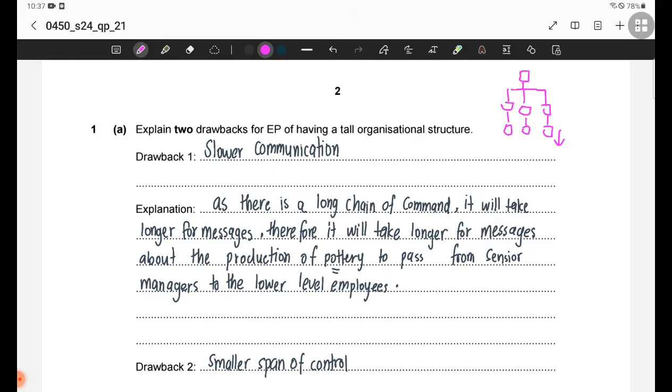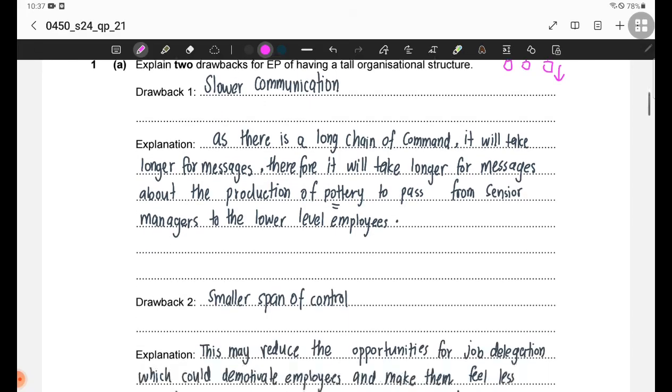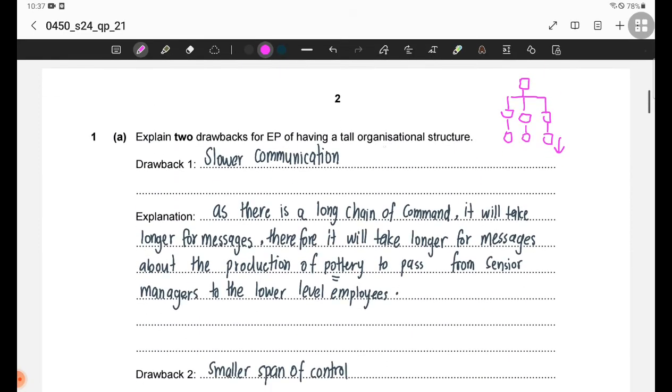You don't have to write this answer exactly the same, but you have to include the fact that it will take long, then add an application and maybe consider adding more explanation on the lower level employees. The total mark for this question is 8, so you'll get 1 mark here and then 3 for the explanation.